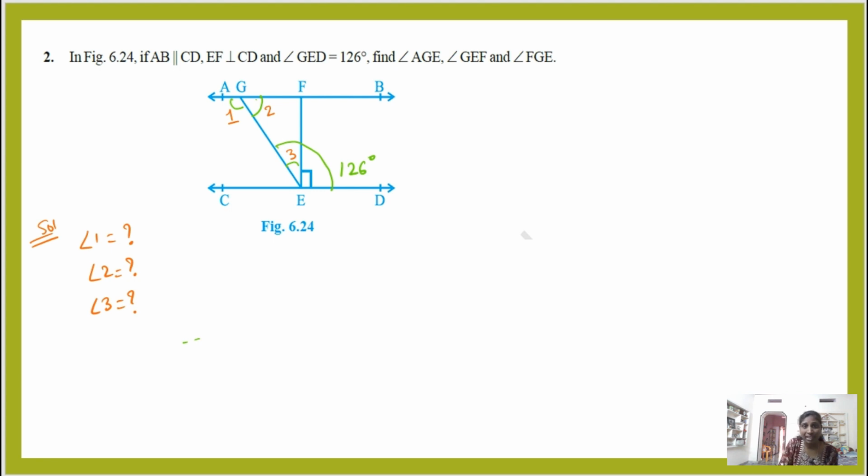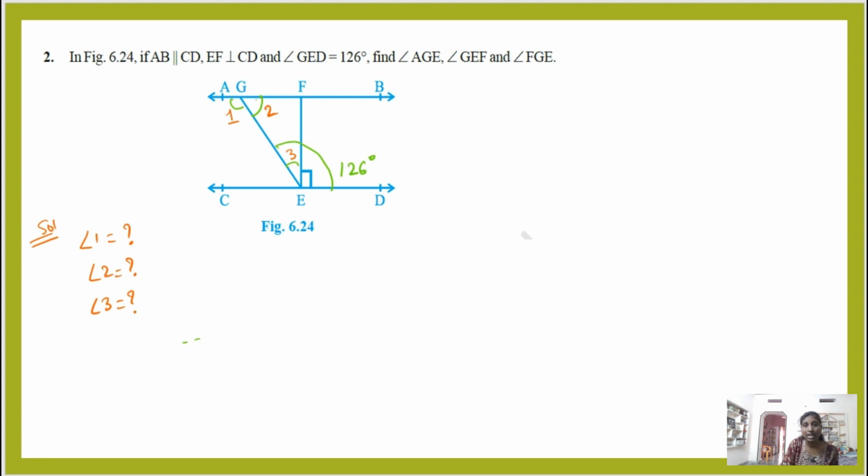See here, we cannot find the value of angle 1 first, because we do not know what angle 2 is. So the value of 1 we cannot get first. Okay, so first we can find the value of 3.